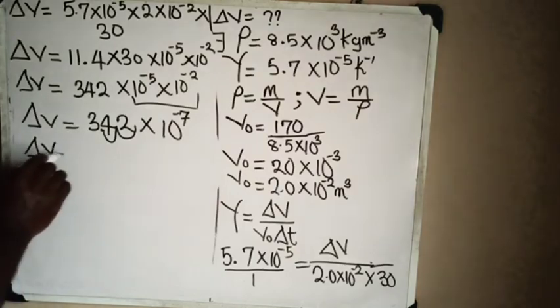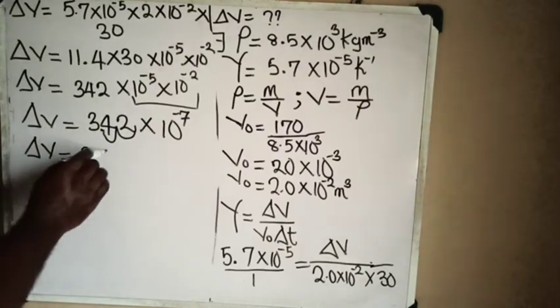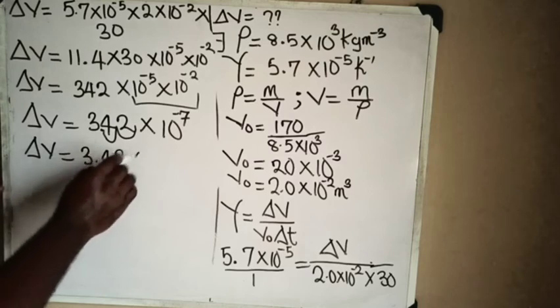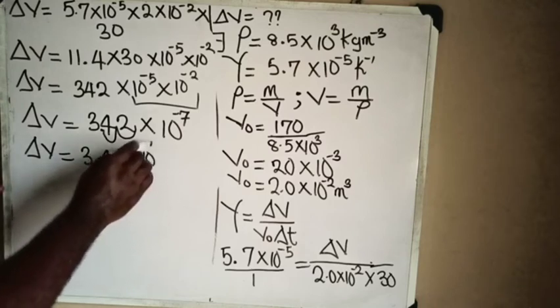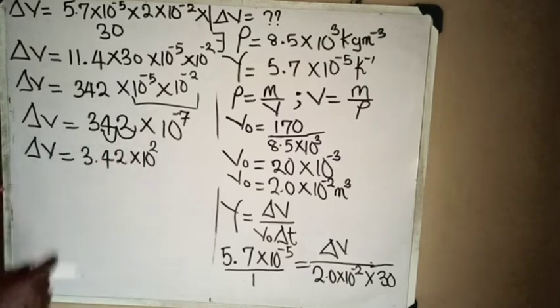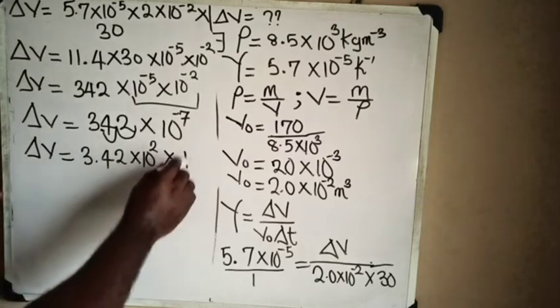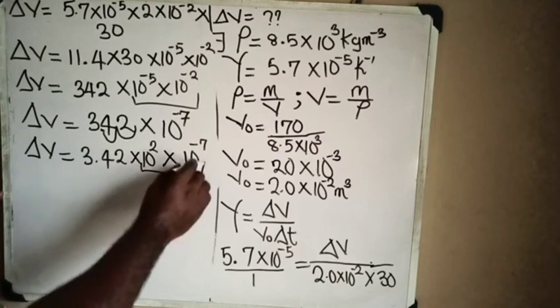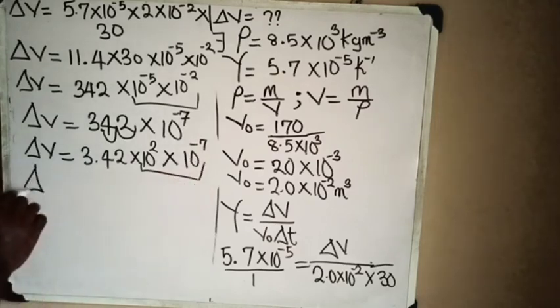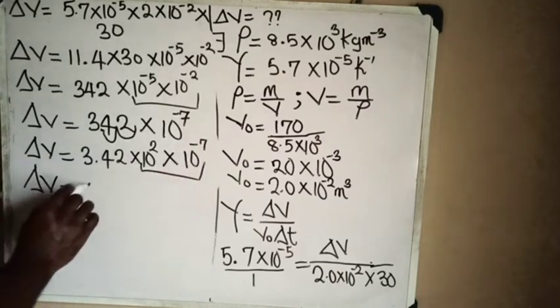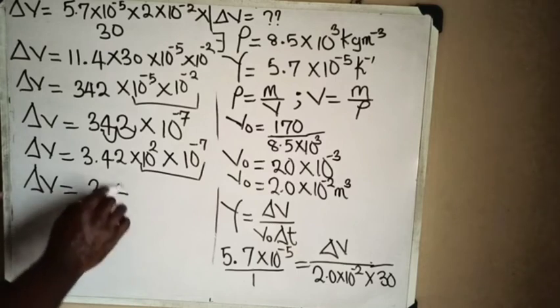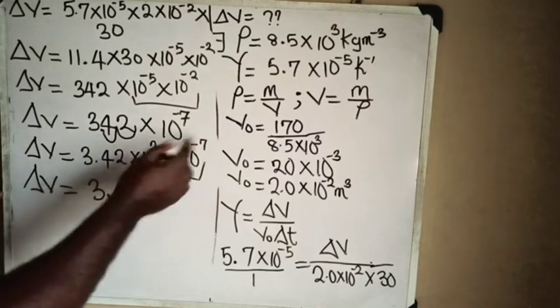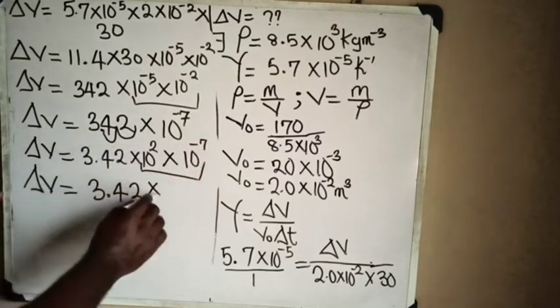Changing this to standard form, move backwards 1, 2, that will give me my change in V equals 3.42 times 10 to the power of 2 because I moved backwards 2 times, and then times 10 to the power of negative 7. Still applying the law of indices, that gives me 3.42 and 2 plus negative 7, which is something like saying 2 minus 7.